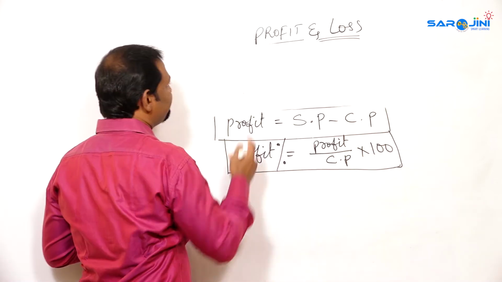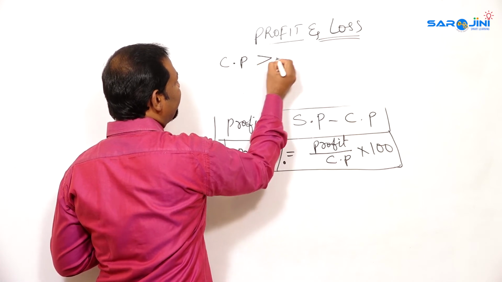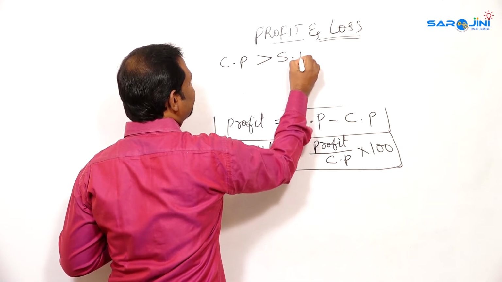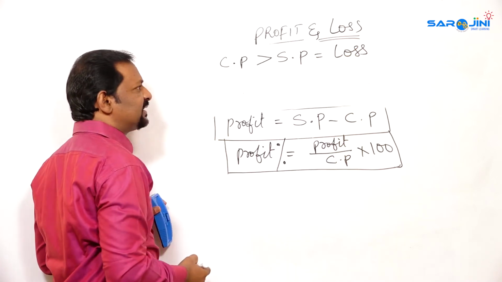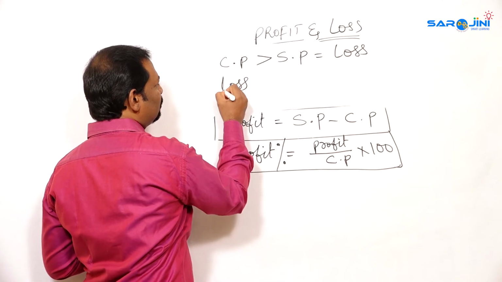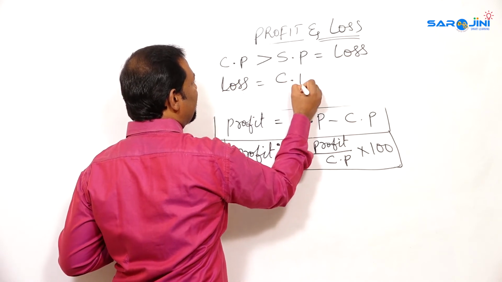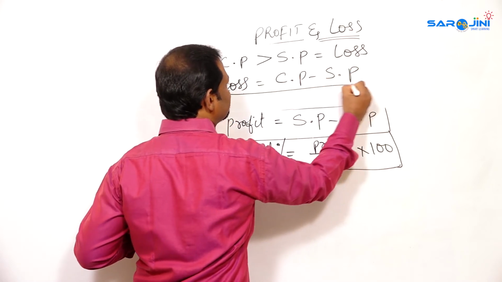Okay. Now, if cost price is greater than selling price, we call that a loss. So loss is equal to CP minus SP, that is cost price minus selling price.